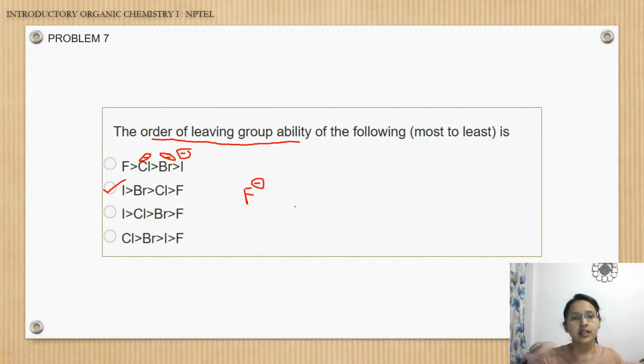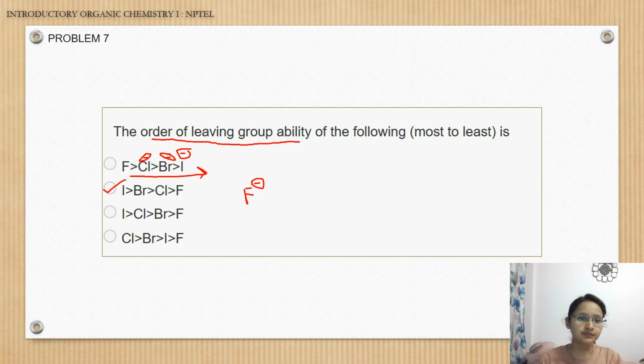So here, the atomic radius increases as fluorine is smaller than chlorine, chlorine is smaller than bromine, and bromine in turn is smaller than iodine. So iodine being the largest anion in atomic radius, then according to Fajan's rule, what happens? The negative charge is very much stabilized on iodine because of the atomic radius.